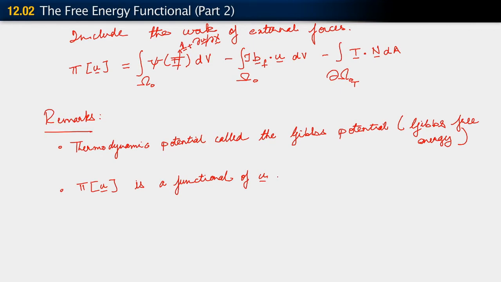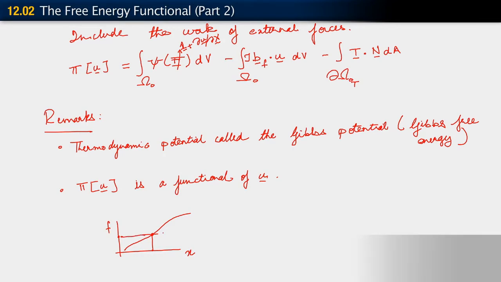The difference between a function and a functional is that a function, say f of x, takes a point value of x. You give it a value of x, and it gives you back the value of f. So if that is x here, then that is the value of f I get, and maybe your function was that.